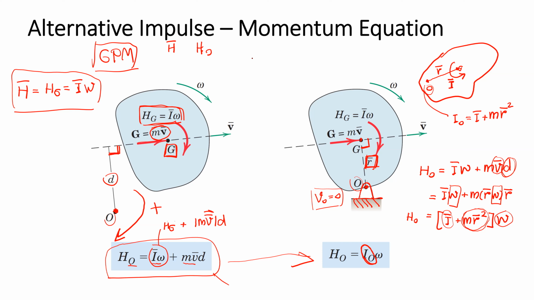For example, I think you may be familiar with this case. If you have a bar fixed at O, yes, this can be applied only for the fixed axis rotation. Actually, it's not that constraint.